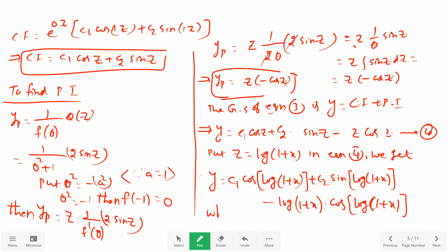So it gives the general solution of the given equation. Thank you.